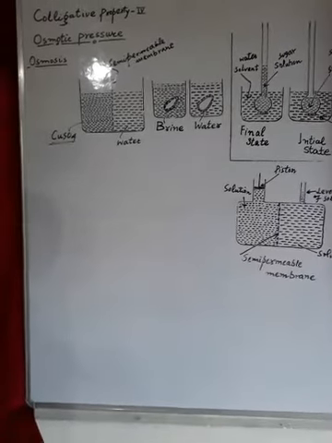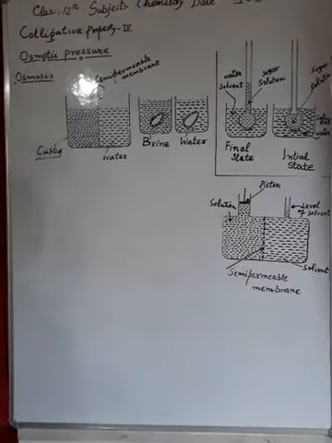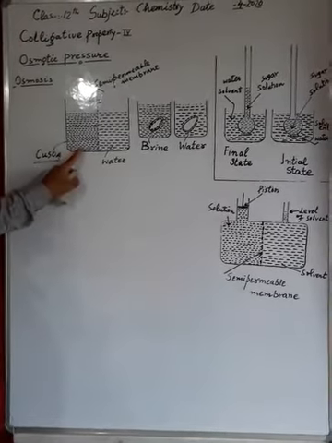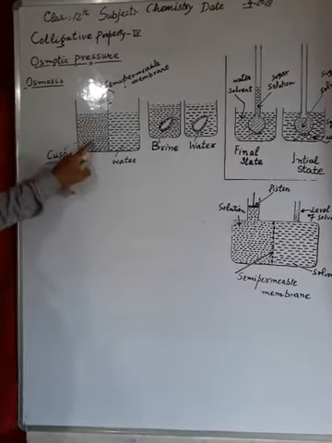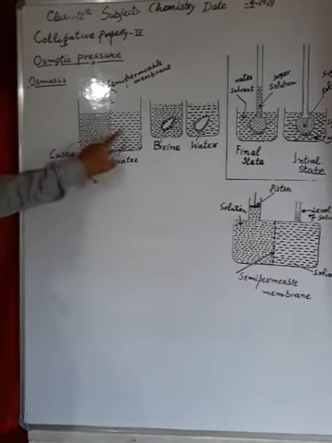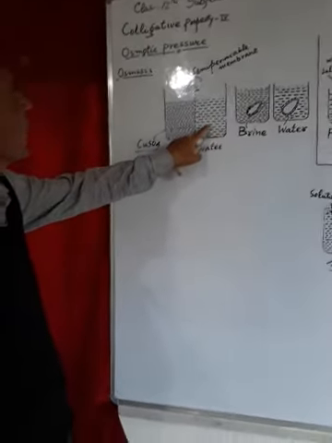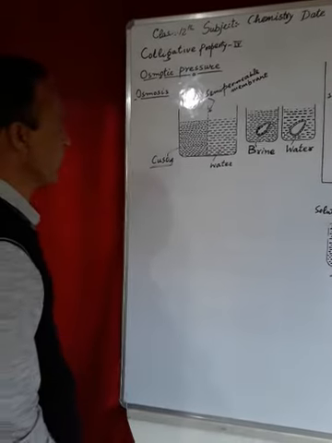Again, we can also explain this osmosis if we take a concentrated solution of copper sulfate in one compartment, and in another compartment we take dilute copper sulfate solution.